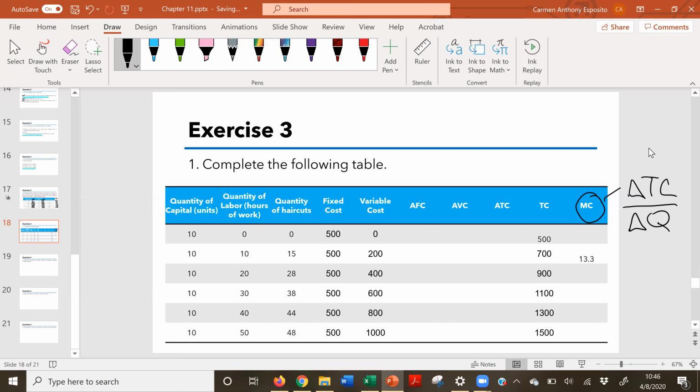Well, in this case, remember this is our quantity column. These two help us get our quantity column.